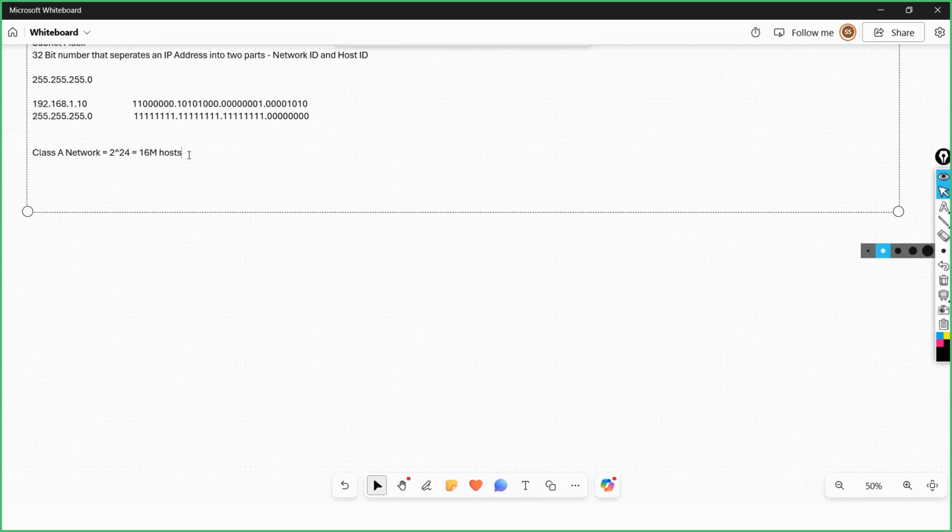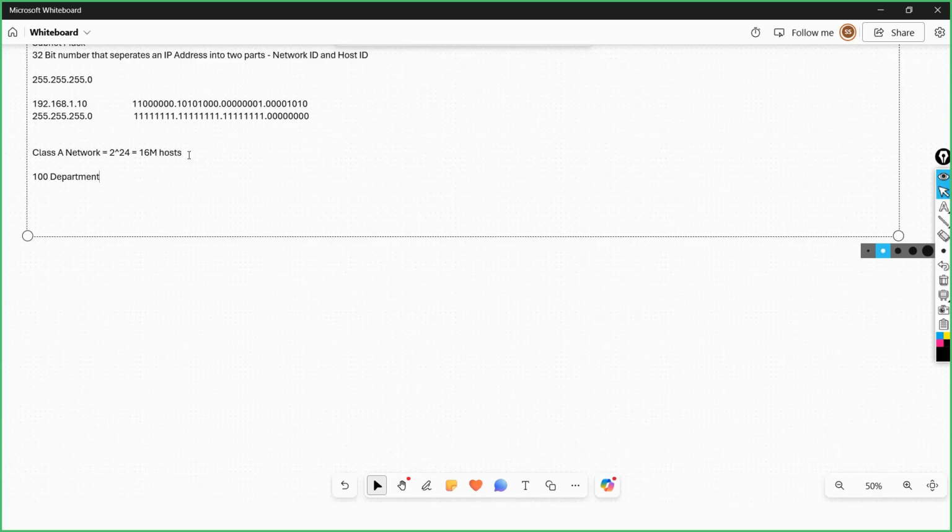Now, let's say, for example, in your organization you have 100 departments. There is no necessity that all these departments need to communicate with each other for everything, or maybe they will need to communicate, but you have 100 departments.